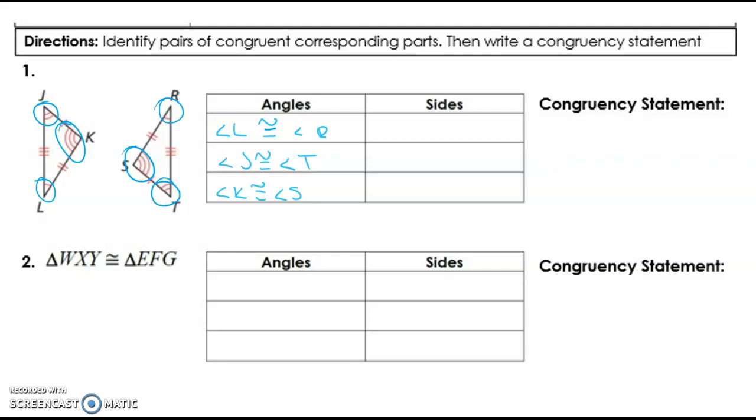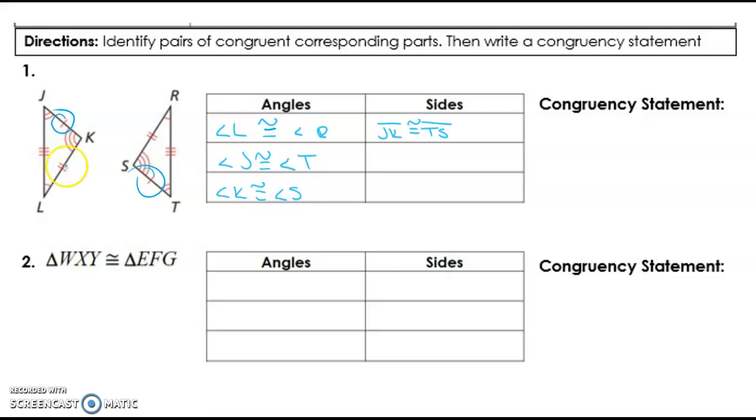All right, so let's move on to our sides. Let me erase this. With our sides, I'm going to start with the ones with just one tick mark. That tells me that side length JK is congruent to side length TS.